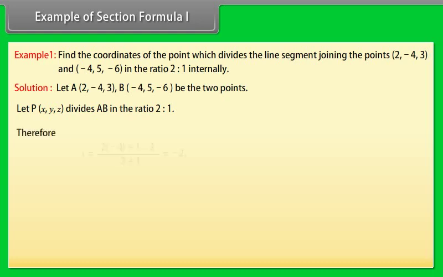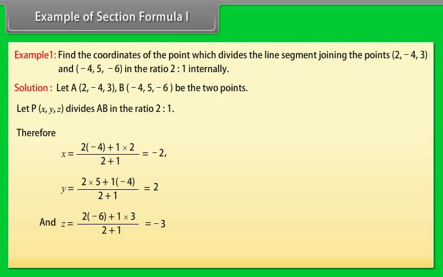Therefore, x = (2 into -4 plus 1 into 2)/(2 plus 1) = -2. y = (2 into 5 plus 1 into -4)/(2 plus 1) = 2, and z = (2 into -6 plus 1 into 3)/(2 plus 1) = -3. Thus, the coordinates of P are (-2, 2, -3).